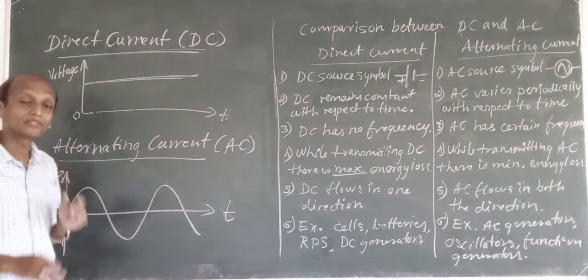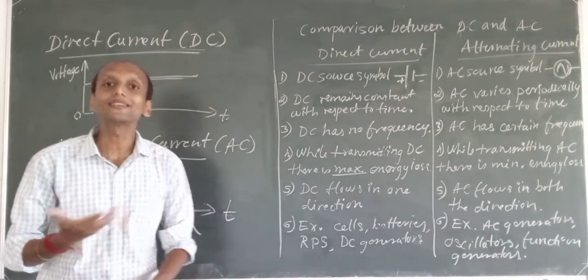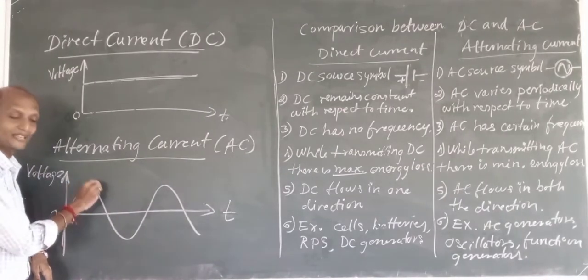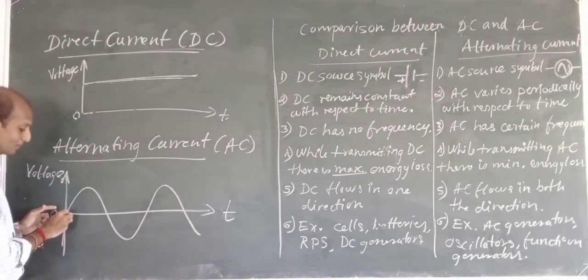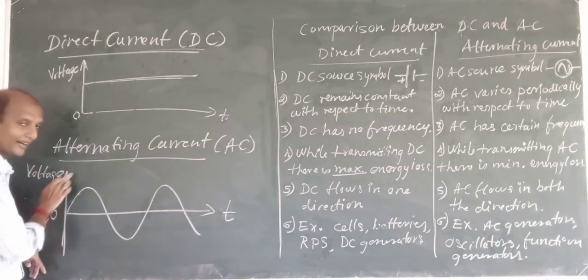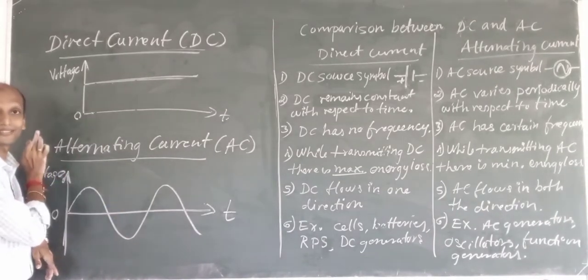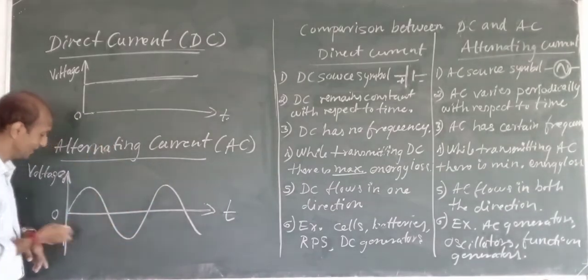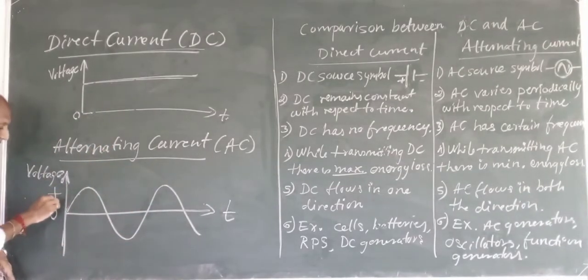Coming to alternating current. So alternating current is some current whose magnitude is continuously changing and direction is also continuously changing. Sometimes it is positive, sometimes it is negative. This side we have all positive values, this side we have all negative values, isn't it?